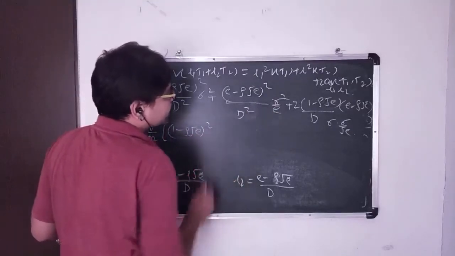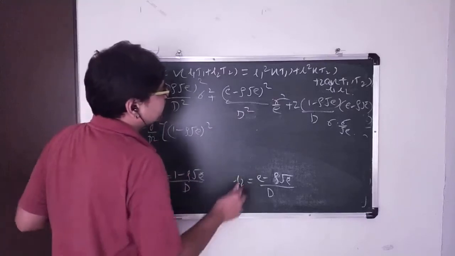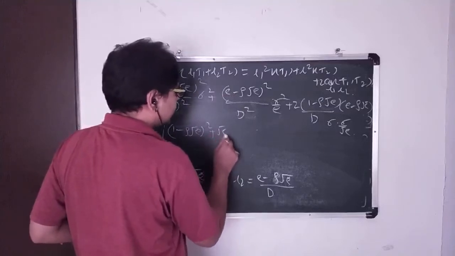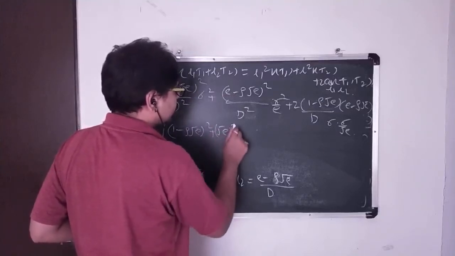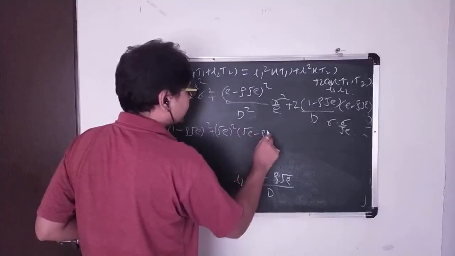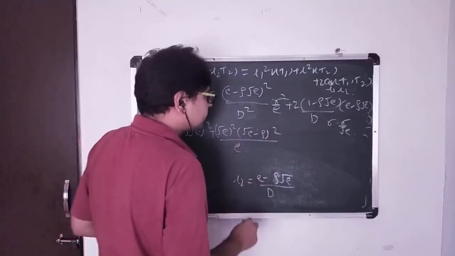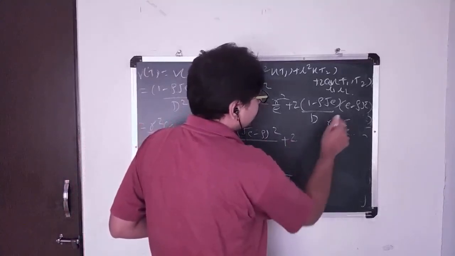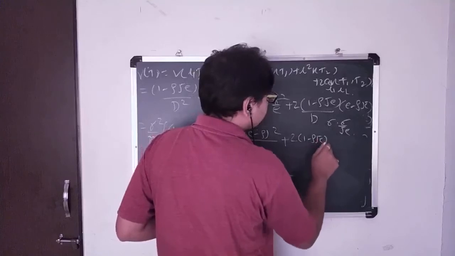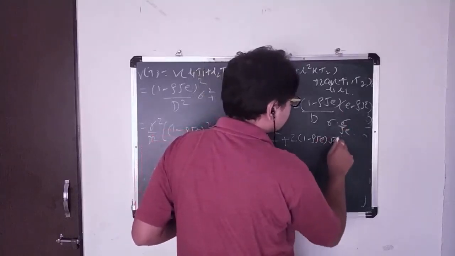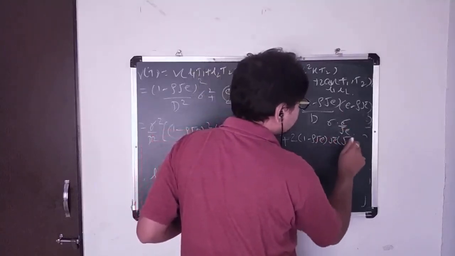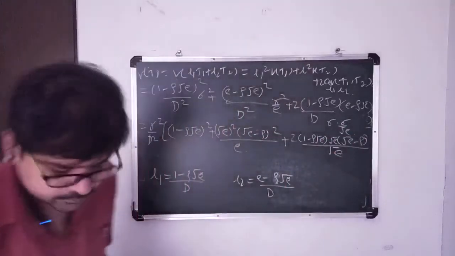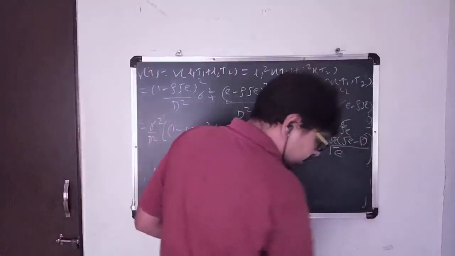Here take square root of E as a common, so it's square root of E minus rho bracket square divided by E, plus 2 times 1 minus rho root E into, taking root E common, root E minus rho divided by root E. So this bracket gets completed.